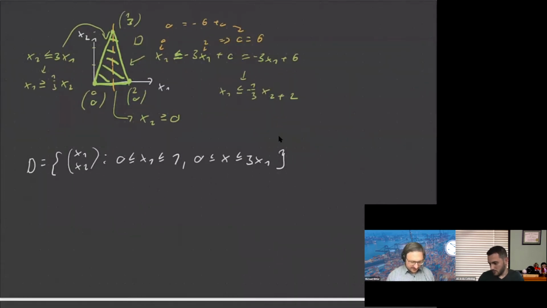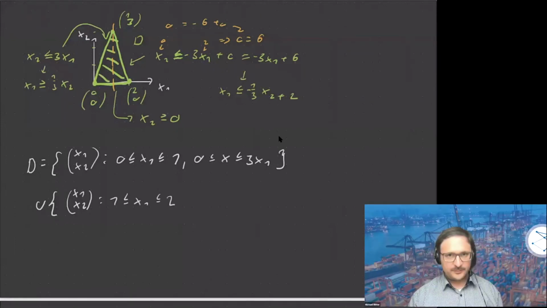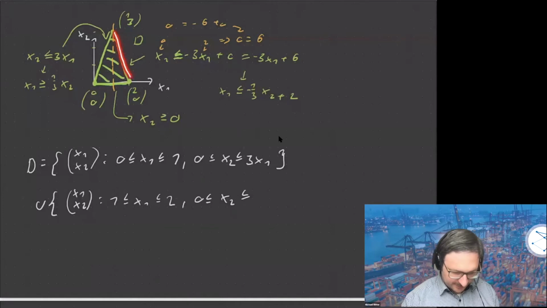And then I'll take the union of this set and the right half. Right half means I'm now in this area here. So x1 is between 1 and 2. And x2, sorry, there's a 2 missing here. x2 is again between 0 and, on the right side, we have this function as the upper bound.